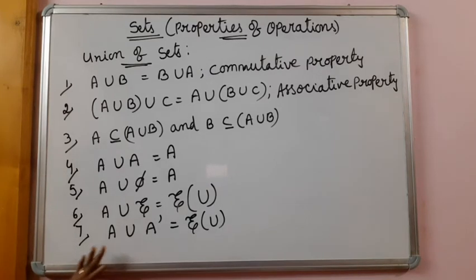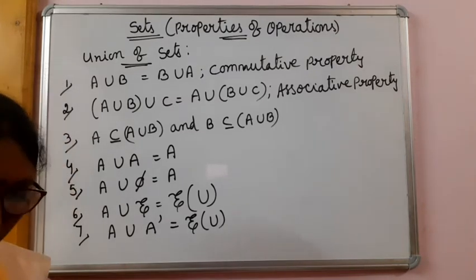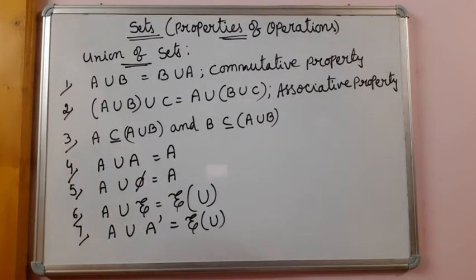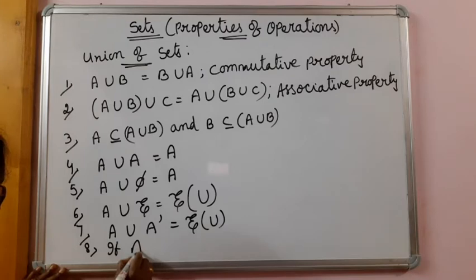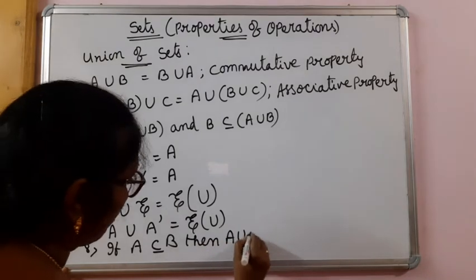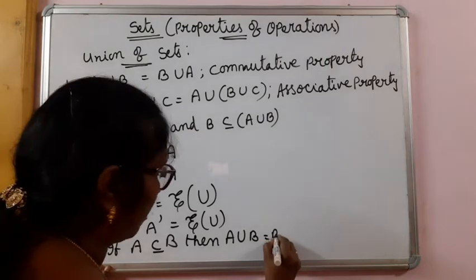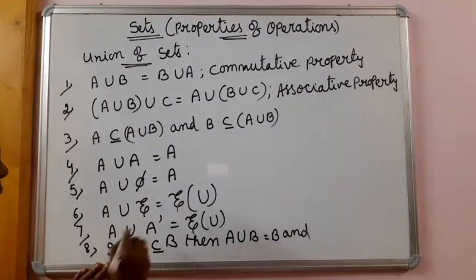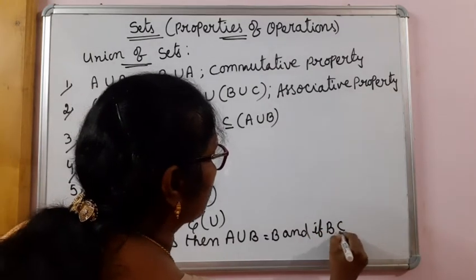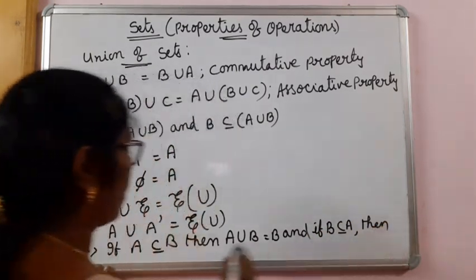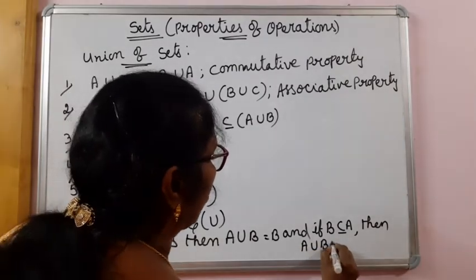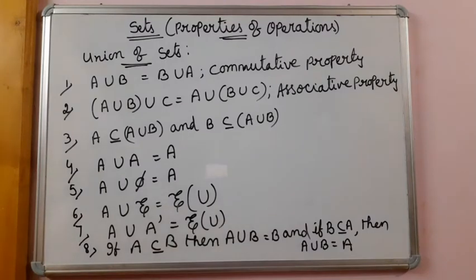Are you clear? And if A is a subset of B, that means every element of A is in B. That means A union B will be B. And if B is a subset of A, then A union B is equal to A. I hope this is clear to you.